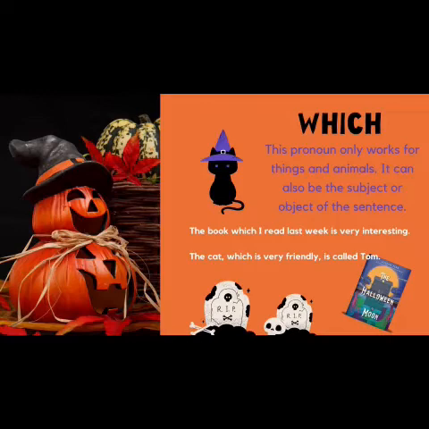We are talking about books, so we have to use the pronoun which. The cat, which is very friendly, is called Tom. Here we are talking about an animal, the cat. So we use which to make the relative clause.